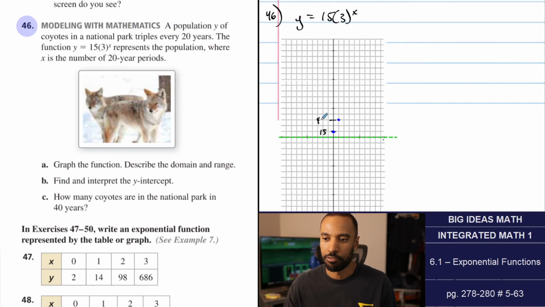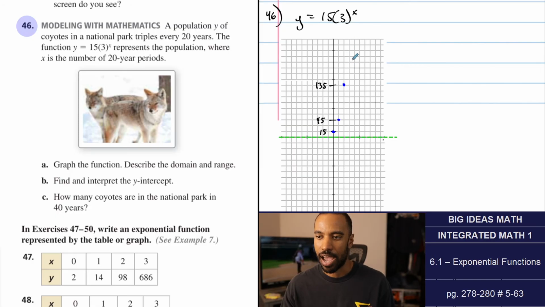Triple 45 is 135, which is basically up here. It's 3 up and then 9 up, things like that. I can do it that way pretty easily. And then 135 tripled, 405, is too far out of reach from what I want to do there. 15 divided by 3 would have been 5.